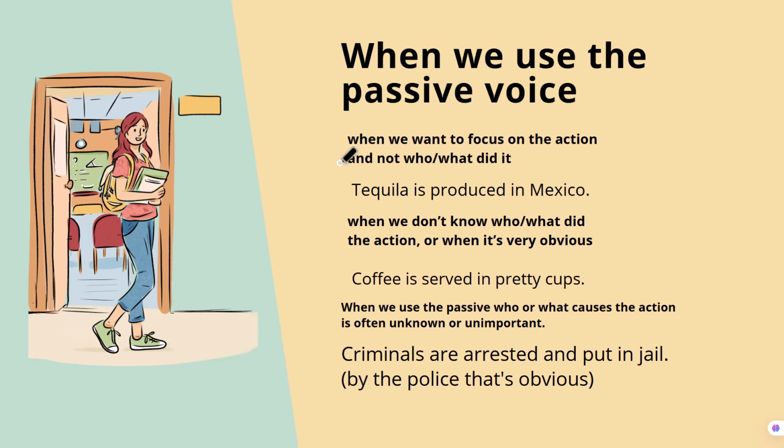So here it's not really important who did the action or who is going to do that action. The focus is on the action. So, for example, what is a traditional alcoholic drink in Mexico? Tequila, right? So here, tequila is produced in Mexico.